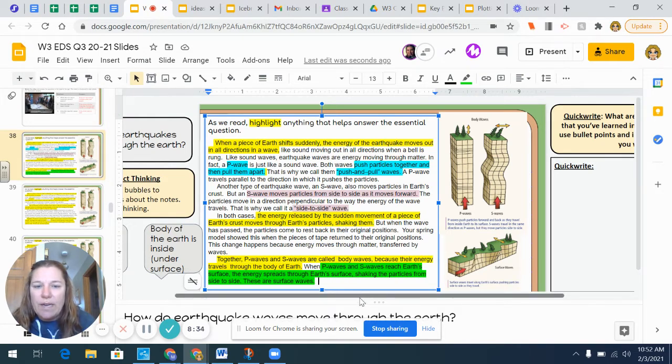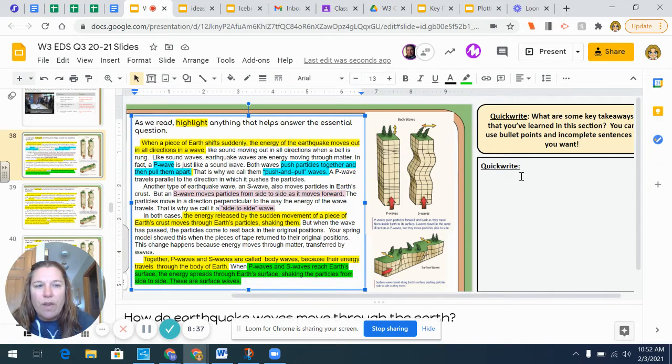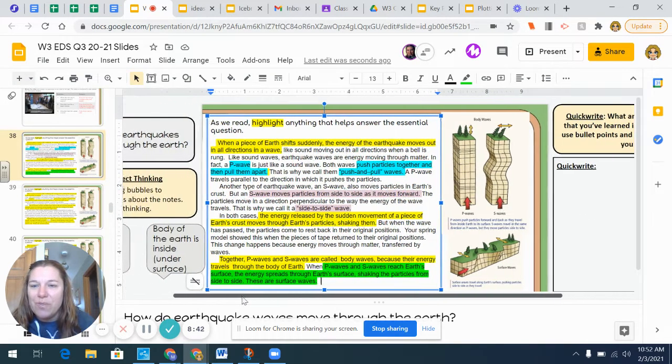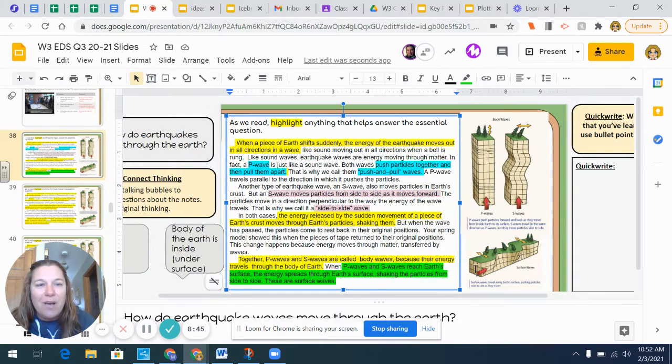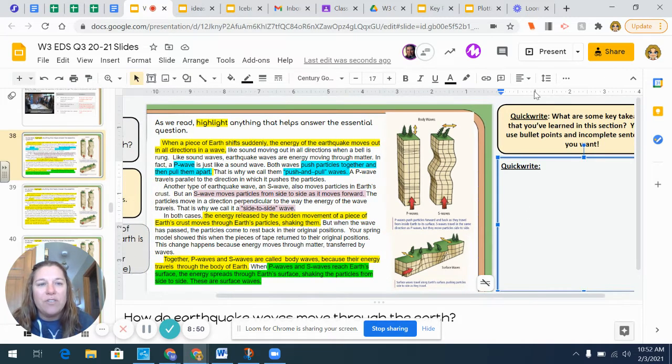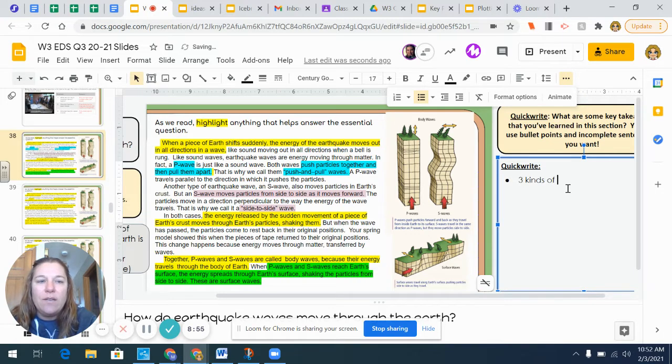So what you should do right now is you should do your quick write. What do you notice? And then work your way down to the questions. And your highlighting should really, really help you with the questions. So probably if I were thinking about what I would write here for my quick write, I might just say, 3 kinds of waves, P waves, push, S waves, side to side, and then surface waves on surface.